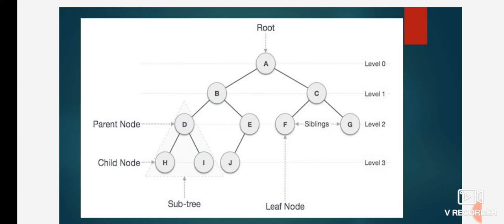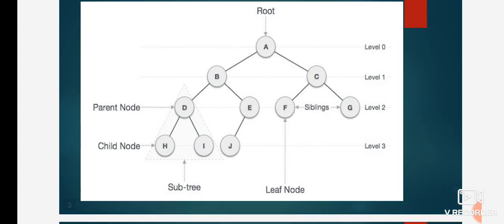Then the child nodes in the above given tree are marked here. D is the parent, H and I are the child nodes, right? So here C is the parent node, and F and G are the children of the parent node C, right?